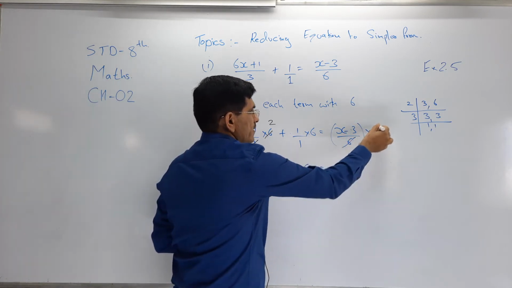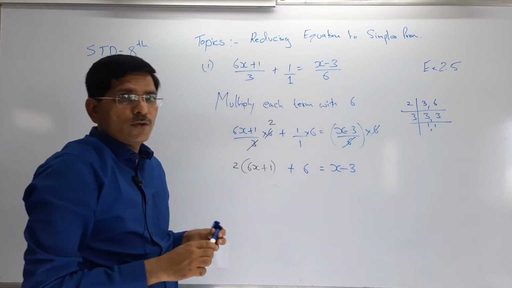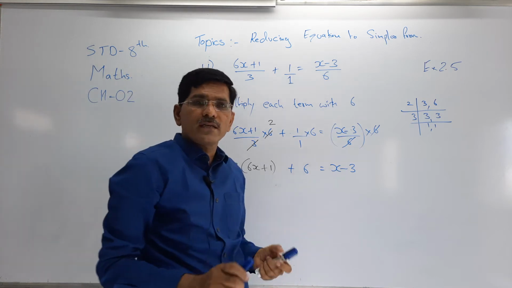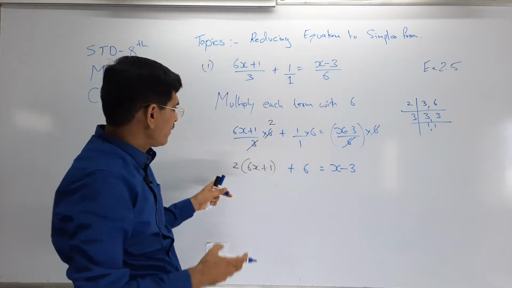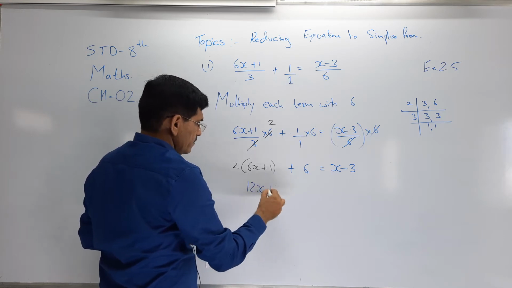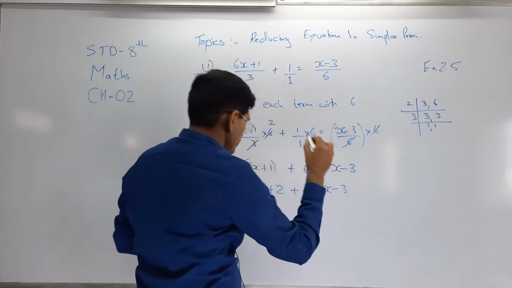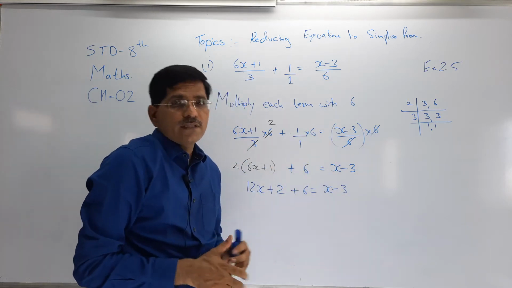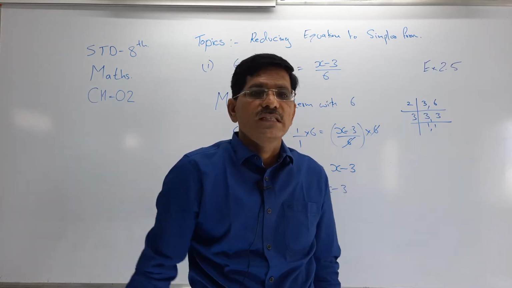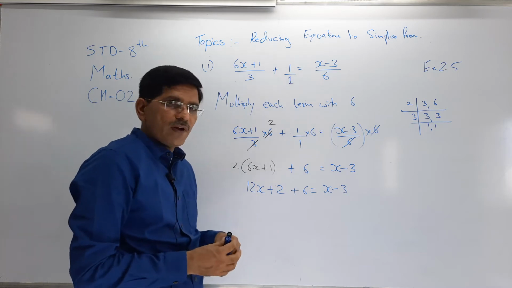Here the 6 cuts, leaving x minus 3. So 2 in bracket 6x plus 1 plus 6 is equal to x minus 3. Now I have to open the bracket: 12x plus 2 plus 6 equals x minus 3. Now you think, sir, where has the LCM gone? Because we multiplied each term with 6, it should be removed. Now we have to simplify.